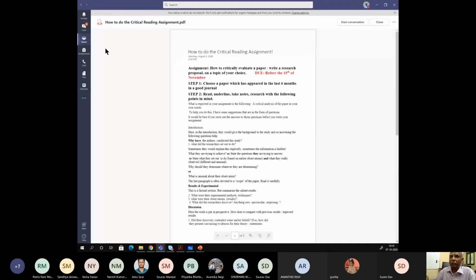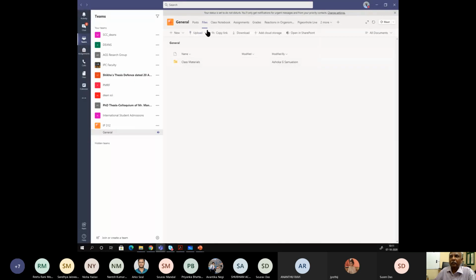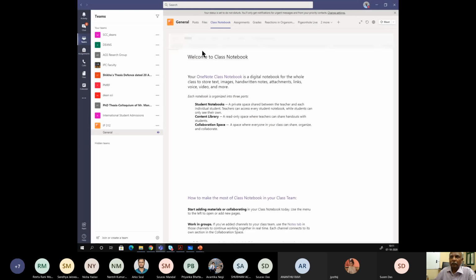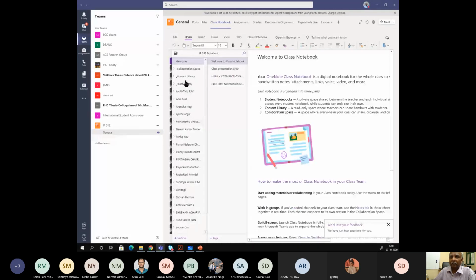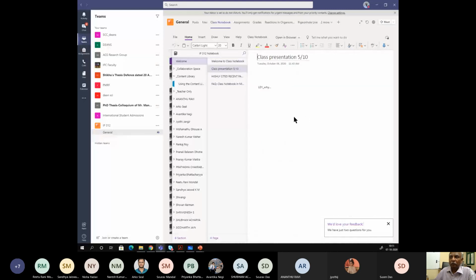Now let me go back to where I was. Yes. So this is a class notebook. And in the class notebook, I told you that I have a content library. The content library is what you should also see, and you should be able to find more material.